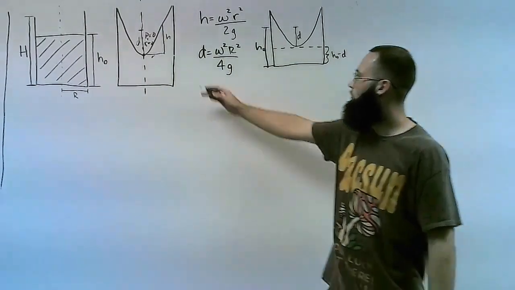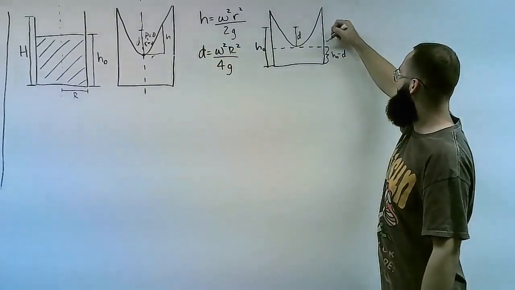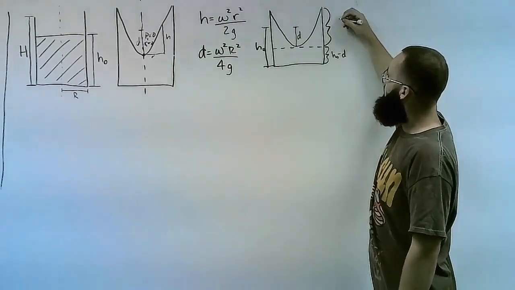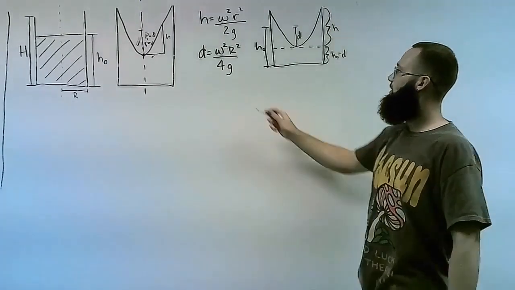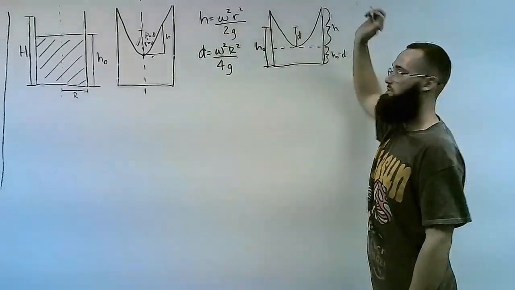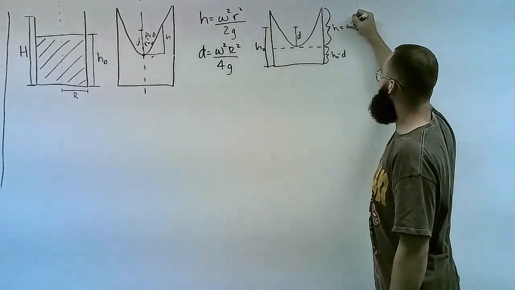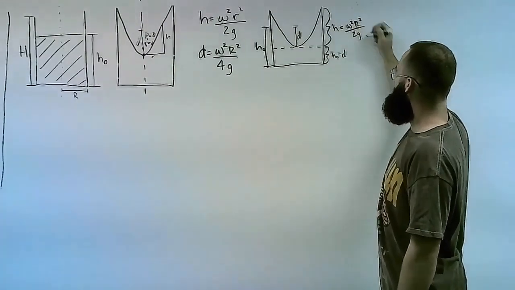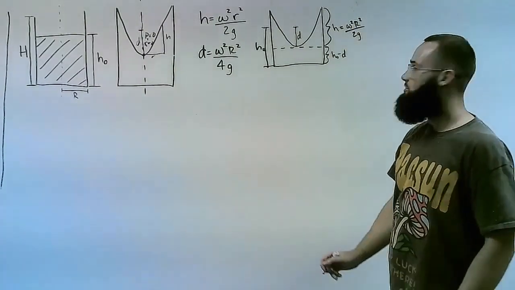And from before, we know that this variable distance h at the boundary is equal to this h. At the boundary, this little r will go to big R. So we'll say that's equal to omega squared big R squared over 2g. And now we just plug these in.